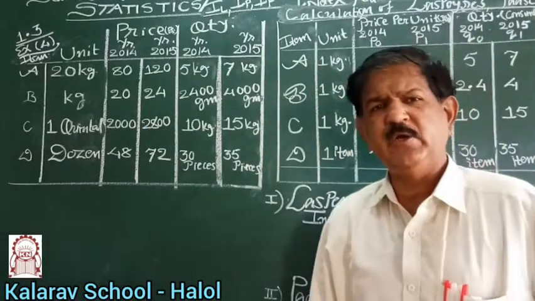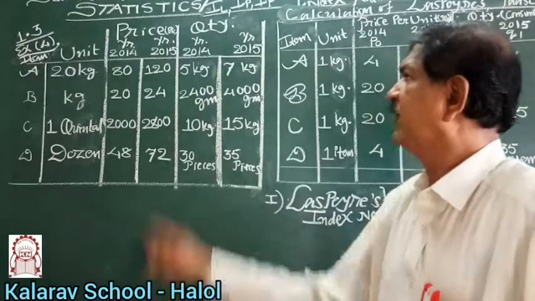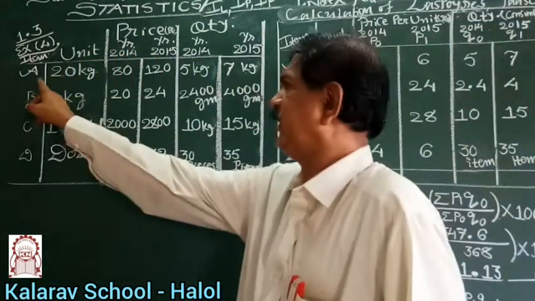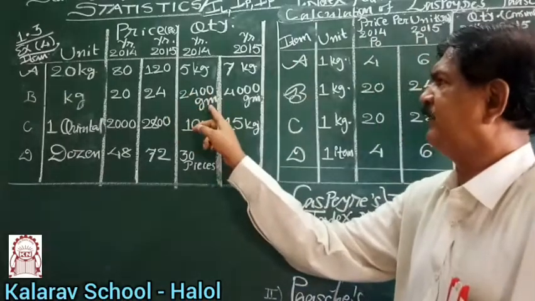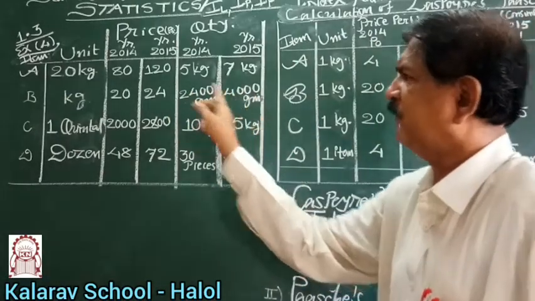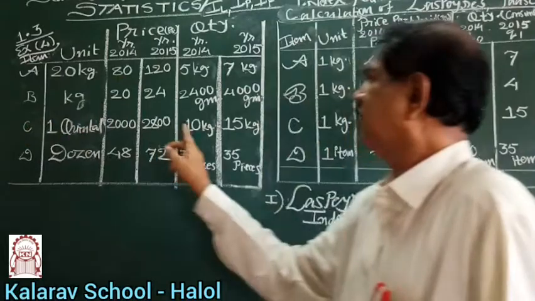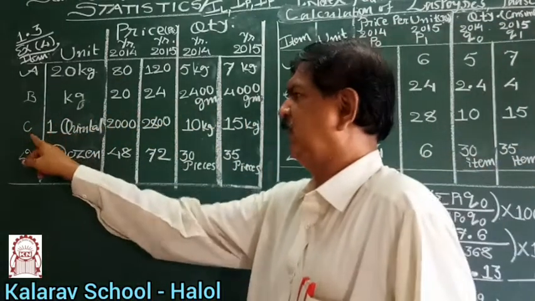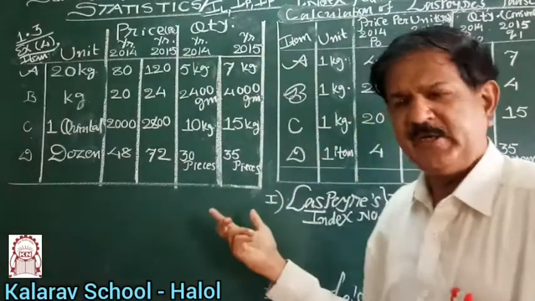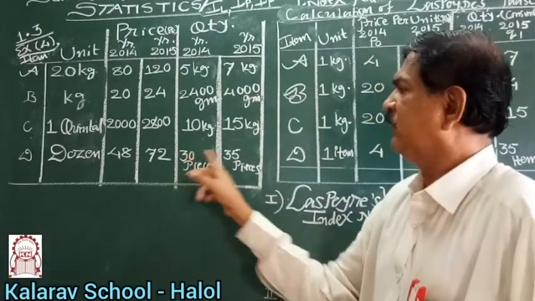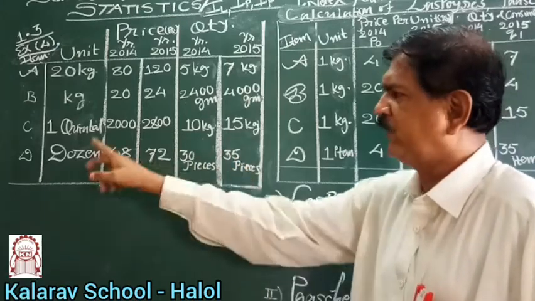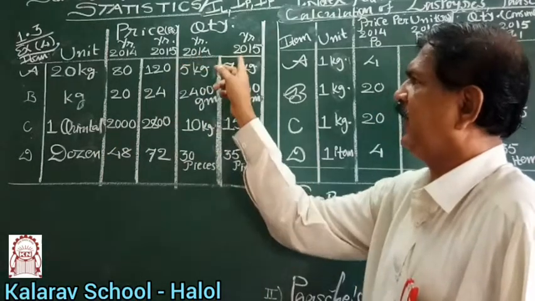The consumption quantities are 5 kilogram and 7 kilogram for item A, 2400 grams and 4000 grams for item B, 10 kilogram and 15 kilogram for item C for the base year and current year quantity. Item D is 30 items and 35 items for base year and current year.